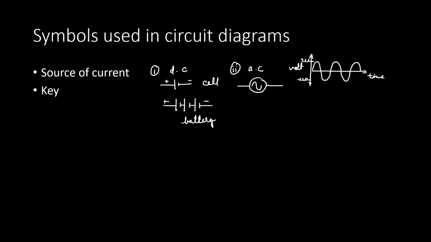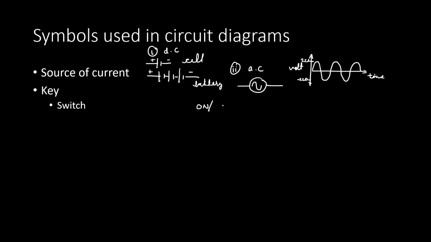Okay, then you have keys. In keys, you have a switch, on or closed. This is off or open. Let me just tell you the meaning of that. If this is a circuit diagram, at any instant when the circuit is broken, the current will not flow. So this is called open.